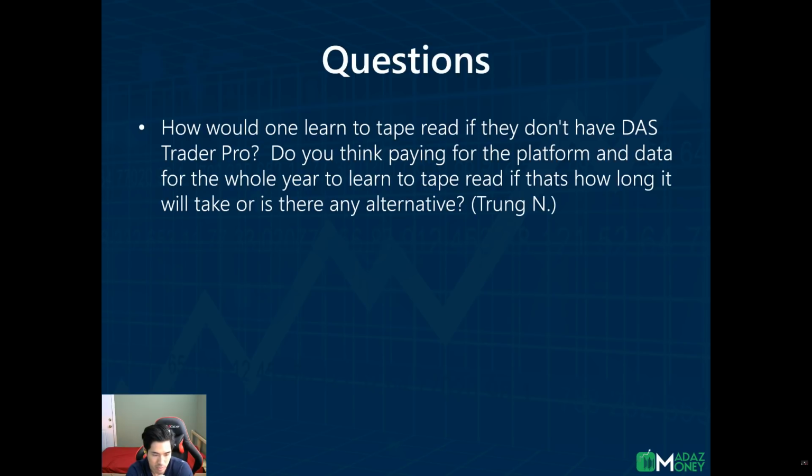It completely messed me up. You're going to lose a lot more money trying to tape read on Thinkorswim and E-Trade Pro versus on Dash Trader Pro. So don't skimp out on the couple $100 in data fees, guys. Definitely switch to the more sophisticated, faster level 2.